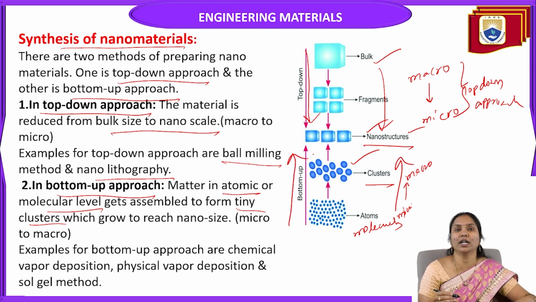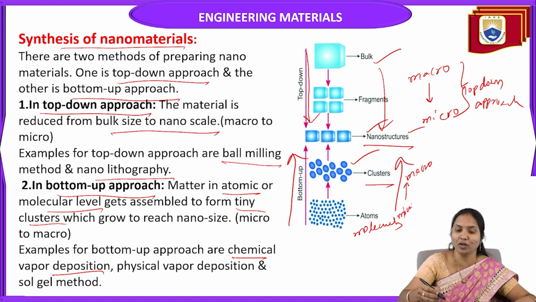Examples of the bottom-up approach are chemical vapor deposition, sol-gel method, physical vapor deposition, or chemical reduction synthesis method. So nanomaterials are synthesized by using two types of techniques, the bottom-up approach and the top-down approach.